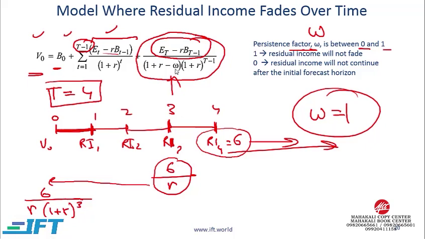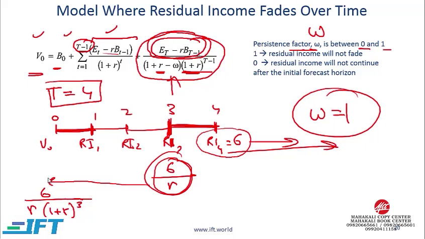If you plug in persistence of 1, then what do you end up with? You end up with the residual income for period 4 divided by R, because if omega is 1, then 1 minus 1 becomes 0, and you are left with R. And then what does this do? 1 plus R to the power of 3. This is simply taking the number over here and discounting back.